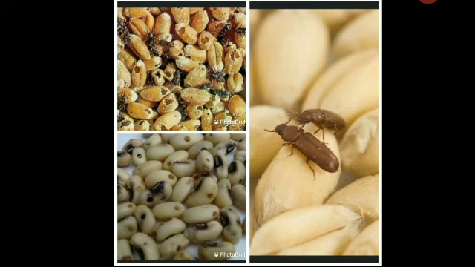So what happens, this female insect lays eggs in the grain. We cannot see these eggs because they are very tiny in size. The warmth and air they get in the box in which the grain is stored is enough for them to grow.